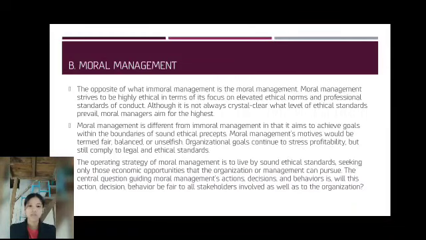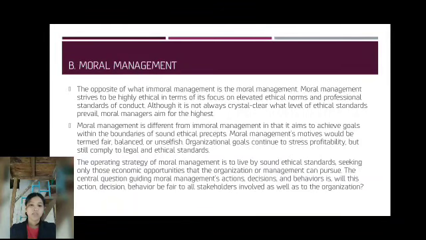In addition, moral management is different from immoral management, since immoral management means intentionally going against the ethical principles of justice and fair and equitable treatment of other stakeholders, whereas moral management places a value on equity, fairness, and concern for others involved.